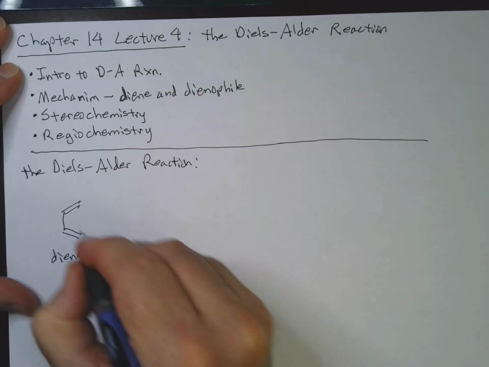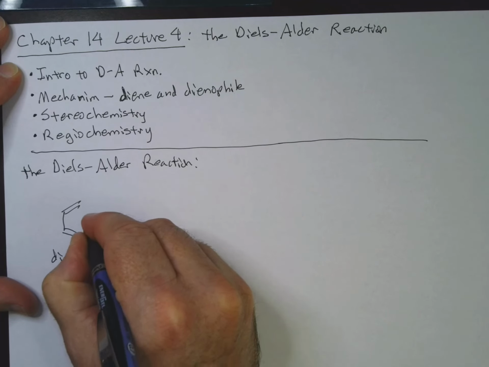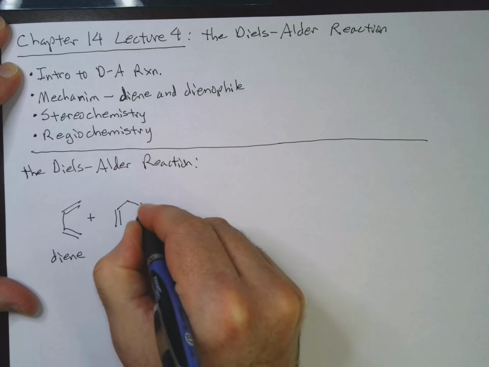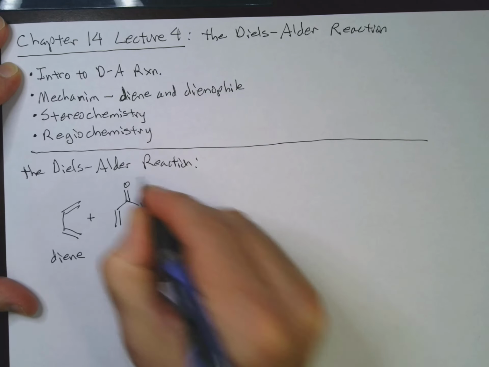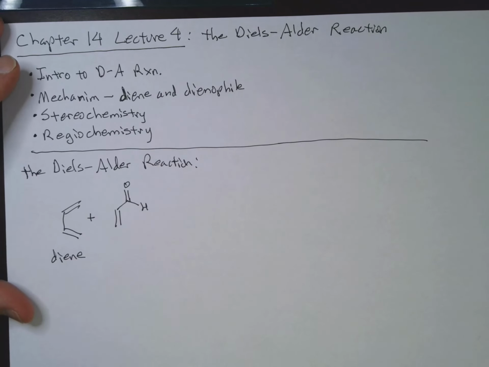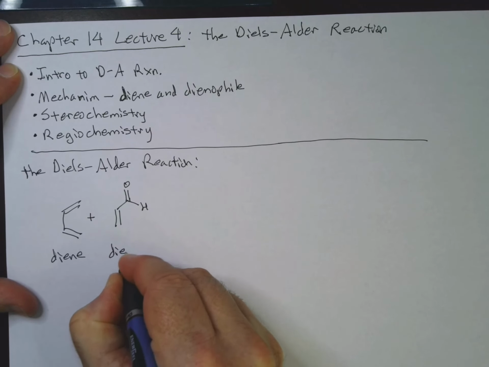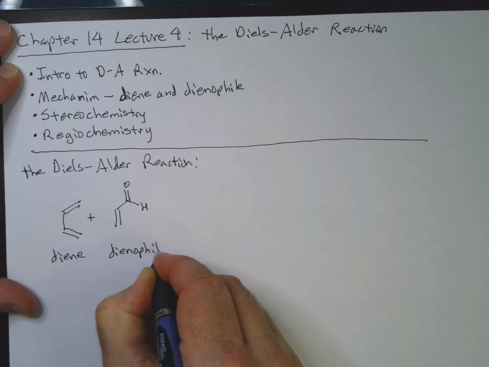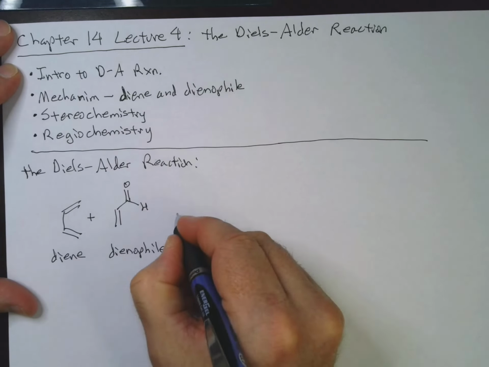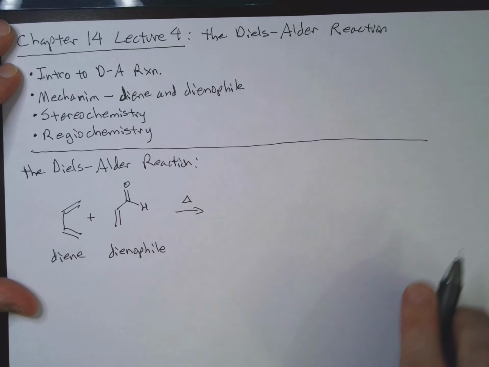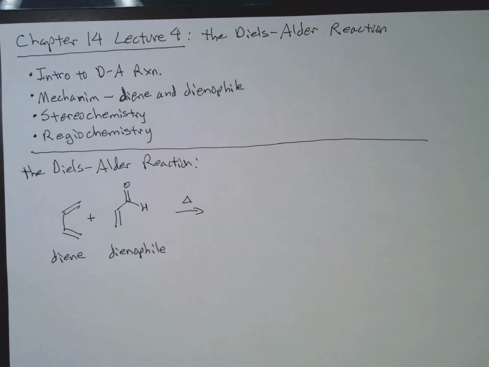So that's simply the diene. And then to this we will add something that will react with a diene, and we call that the dienophile. And in the presence of heat, we will get the following taking place.